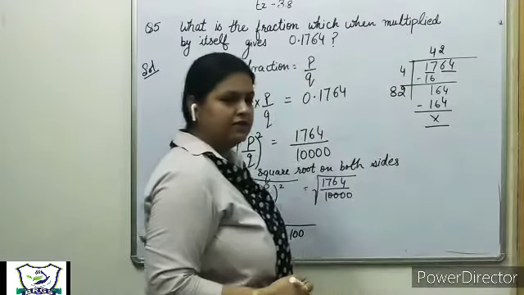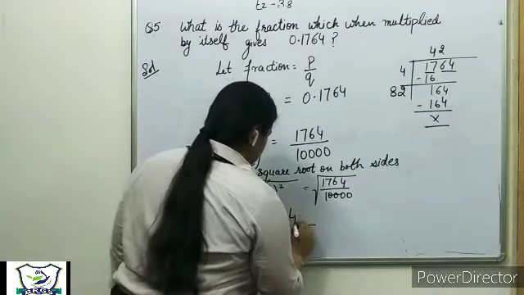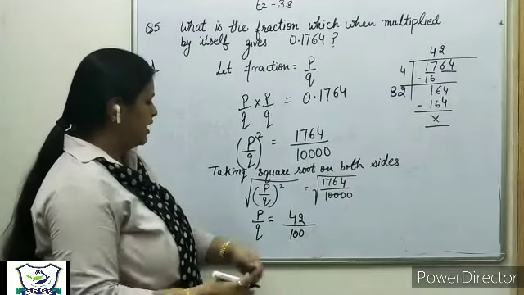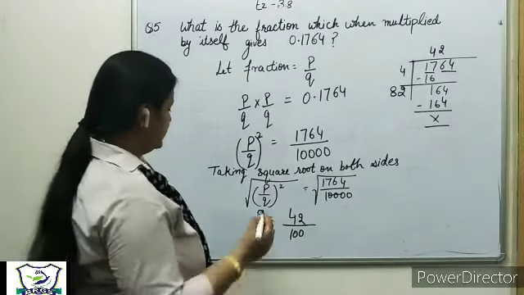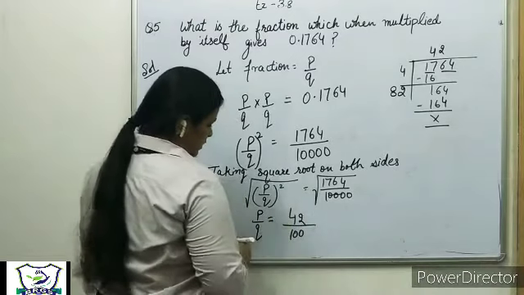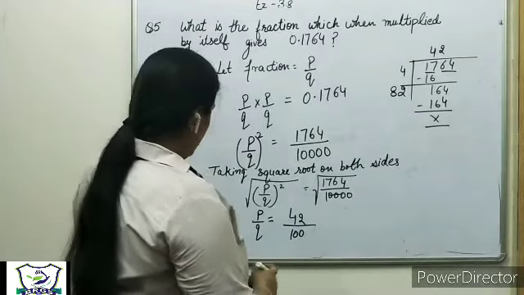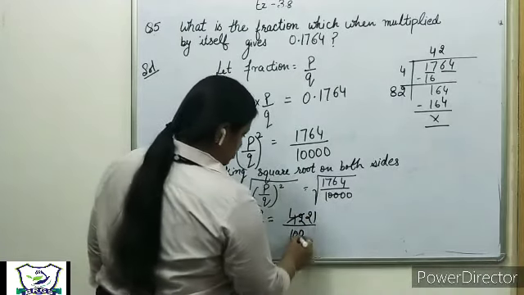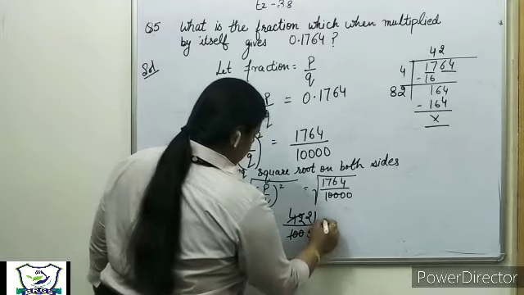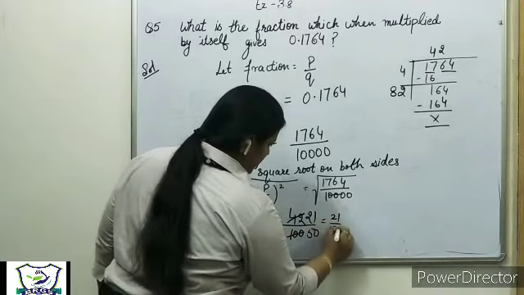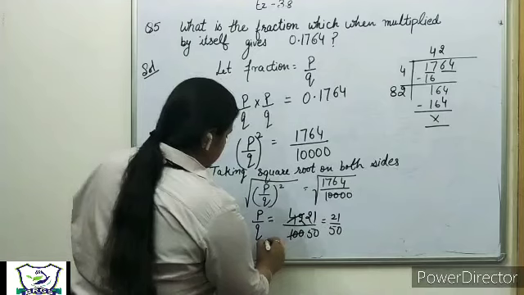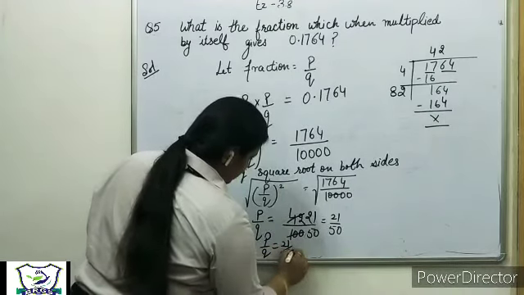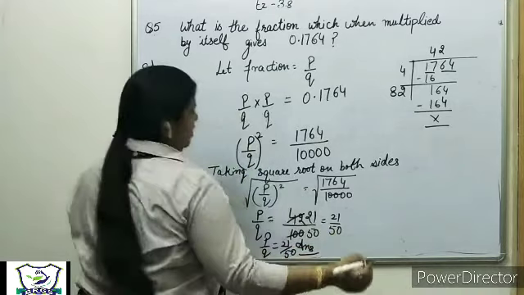So square root of 1764 is 42. So p by q is 42 by 100. Can we reduce it further? Yes. By the table of 2 we can reduce it. 2 2s are 4, 2 1s are 2, 50, 21 by 50 we cannot reduce it further. So p by q is 21 by 50 and this is your answer.